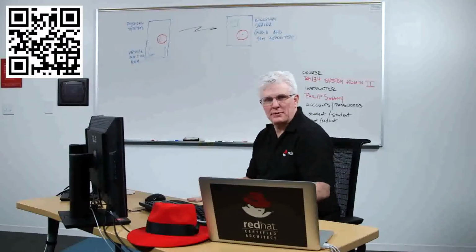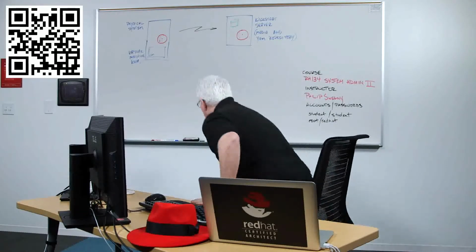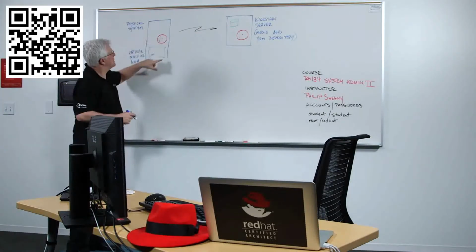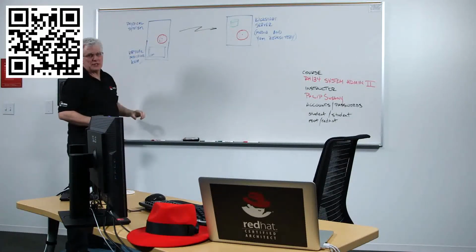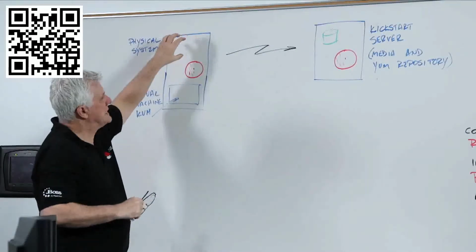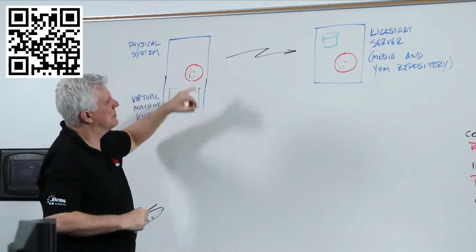So I've made a drawing on the board to show the similarities between the different types of installations. So starting on the left here, this outer blue box just being a physical machine, if I were to want to install a single standalone machine, I can go grab the DVD. This red circle is a DVD.